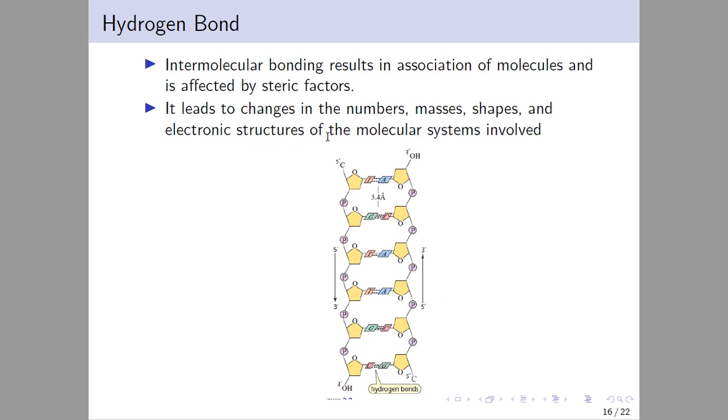Like in the folding of the protein, because of some of these hydrogen bonds, the protein will fold to its best position or best configuration.